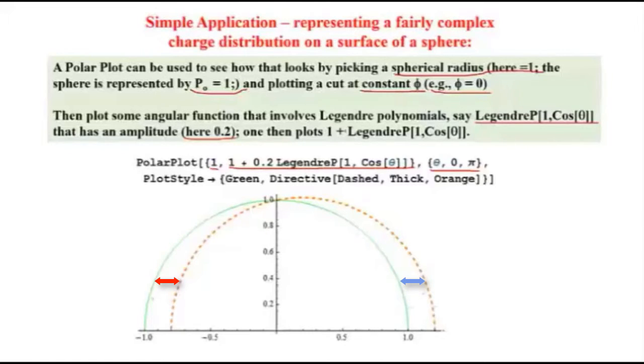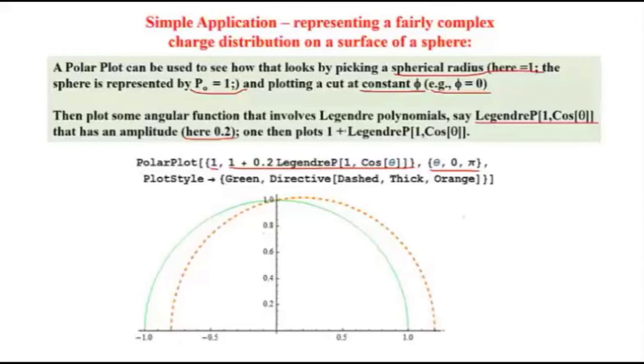Over here you have a negative value. So if you think of charge being distributed by this Legendre polynomial, the first L equal 1 polynomial, with some amplitude, 0.2, then the deviation here would represent that charge. So it's very thick here in the positive magnitude. Right here it's 0, and then over here it's negative, like that. So that's interesting, and it's helpful.